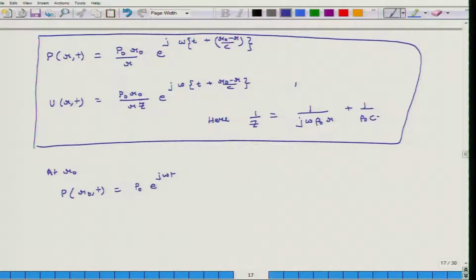I can just plug in R equal to R naught here and I will get the same expression. Okay. Also, U at R naught, t equals P naught e^(j omega t) by Z.